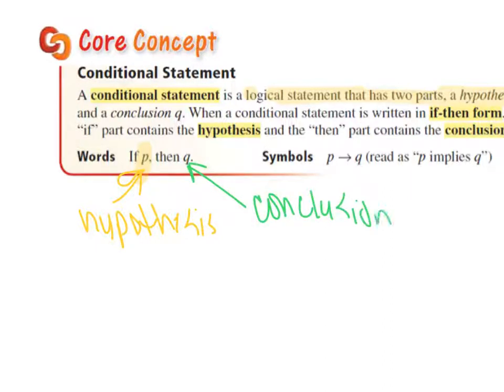They always use P and Q for the hypothesis and the conclusion. And if you see it with an arrow drawn in between, that also says if P then Q, or you could say P implies Q.